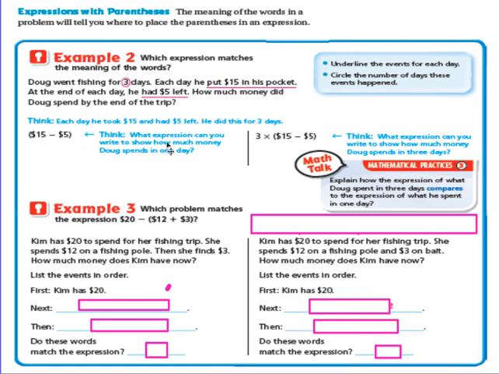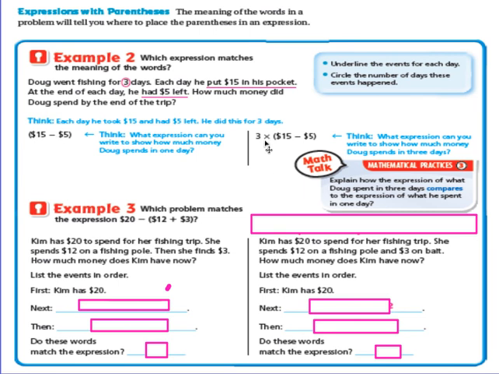So I first think I've got to do 15 minus 5 so that I know how much money he spent each day. If he had $15 and he only has 5 left, how much did he spend? Well, I'm going to figure that out by doing 15 minus 5.